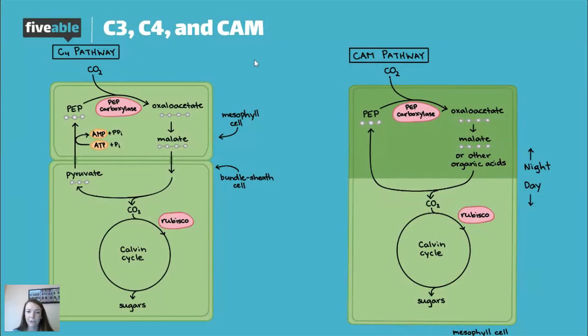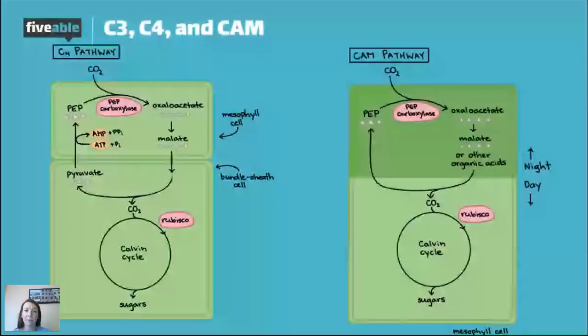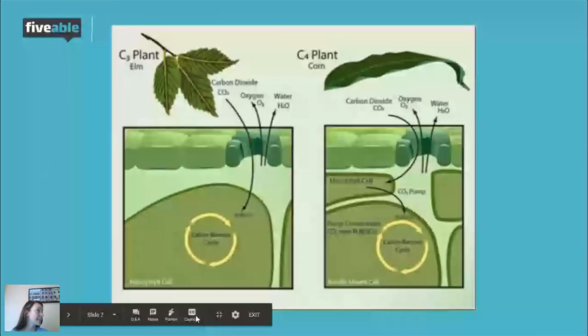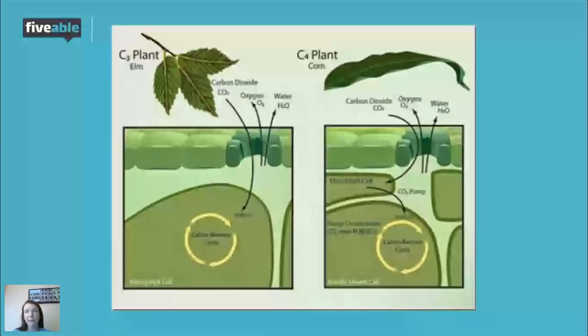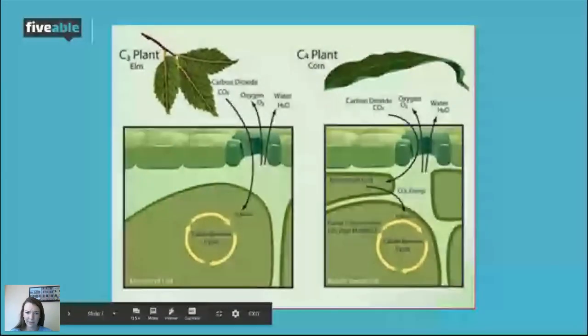So that's just a brief overview of the differences. That's all evolutionarily beneficial to plants so that they're not losing as much water through their stomata. C3 plants, which are our normal ones, just allow this process to happen as is. They're not super concerned about losing water because they usually live in areas where water is not a super limiting reagent. Hopefully that helps answer that question.